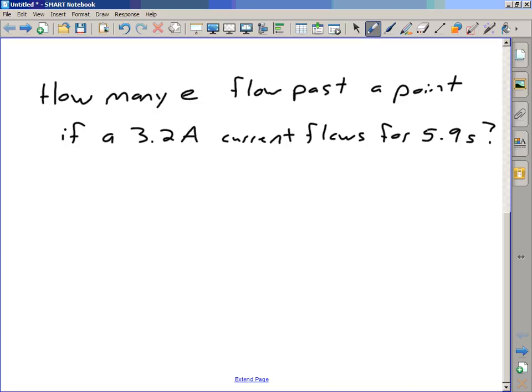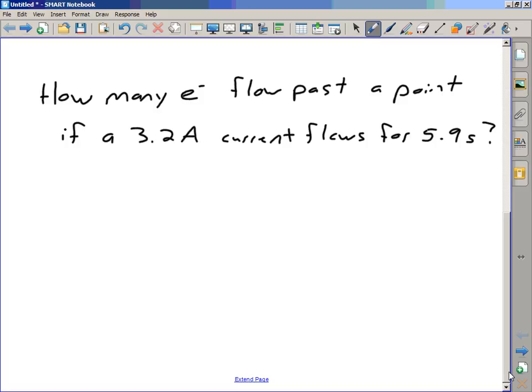How many electrons? I'm going to give a little negative sign for these electrons, that way we can make sure that we're okay. How many electrons flow past the point if 3.2 amps is allowed to flow 5.9 seconds? Okay? How many electrons actually flow past?